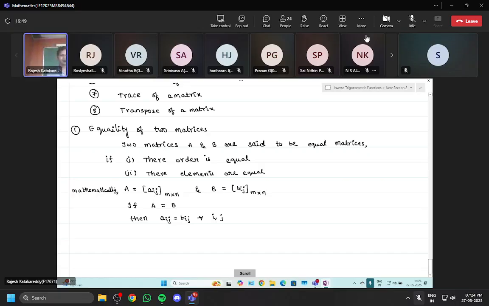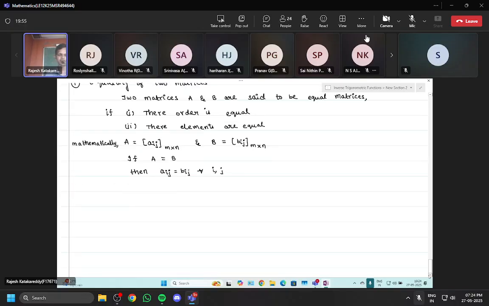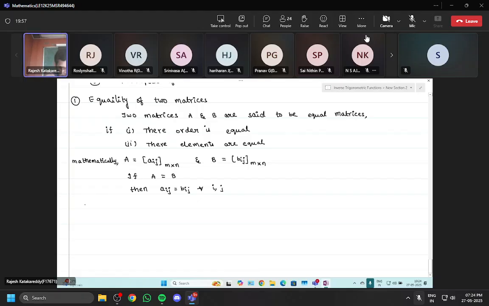Maybe if you want a small example on order 2 matrix, like a square matrix I am taking, it is not necessary to be a square matrix. I am taking for example, A is equal to A1, A2, A3, A4. This is a second order square matrix.